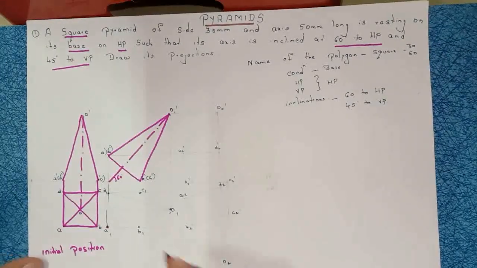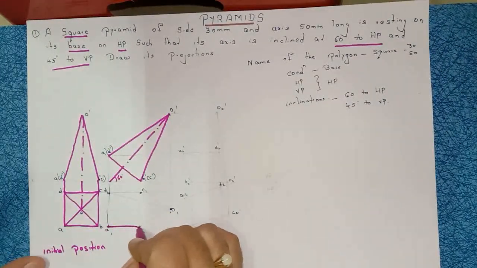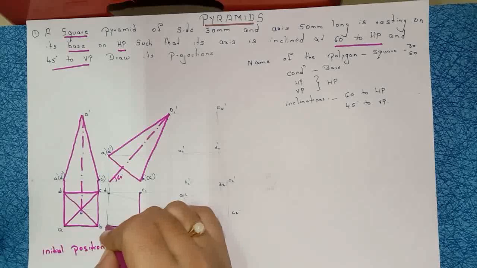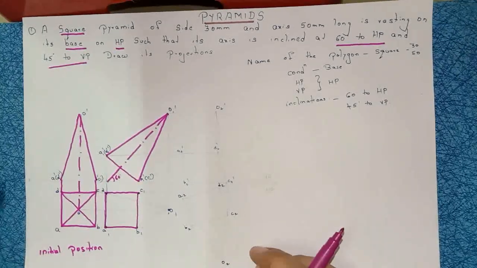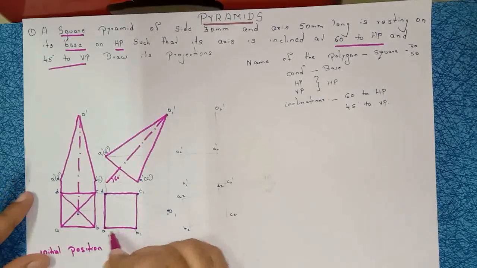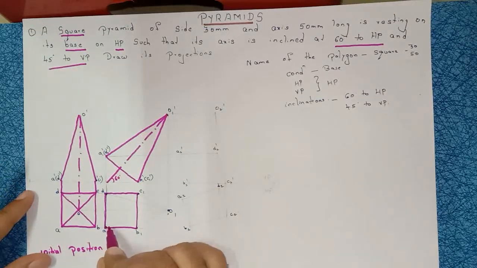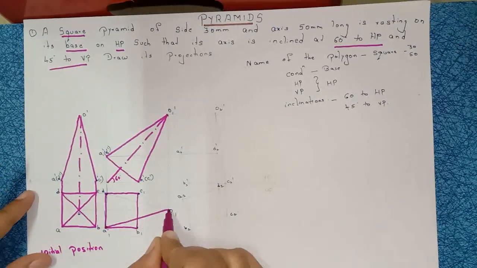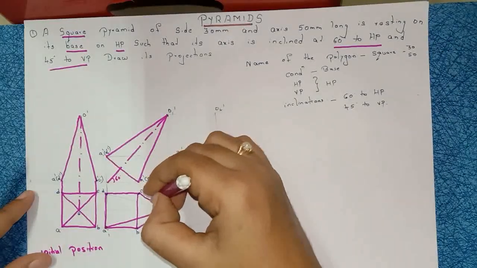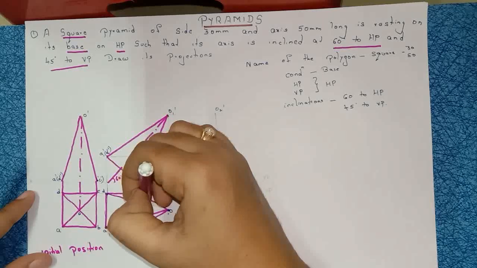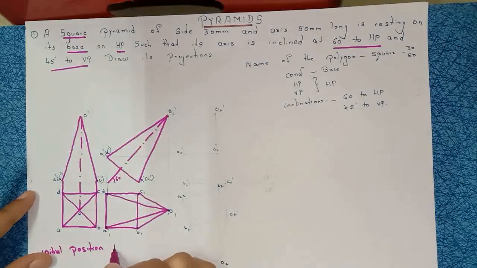That is the important thing. After marking the points, name them as A, B, C, D. This is the square. After drawing the square, what do we have to do? This is the point A1. Join A1 to O, B1 to O, C1 to O, D1 to O. This is your middle position.